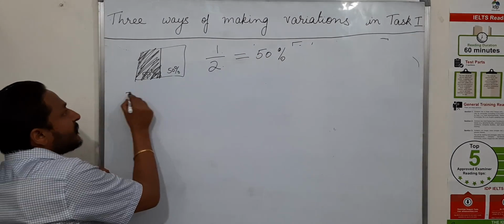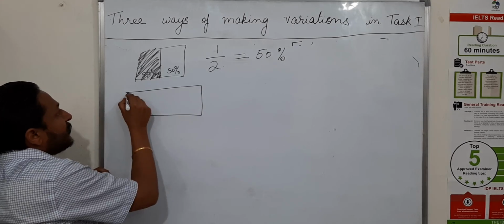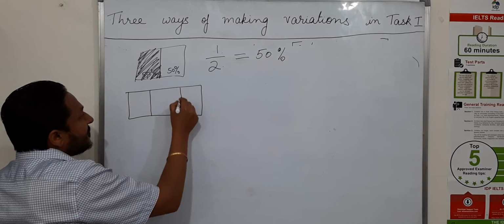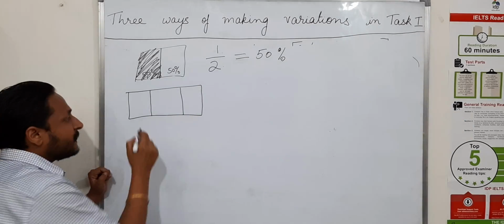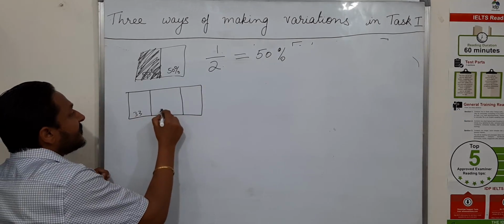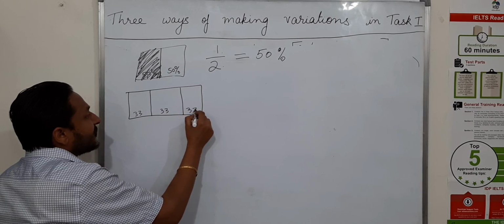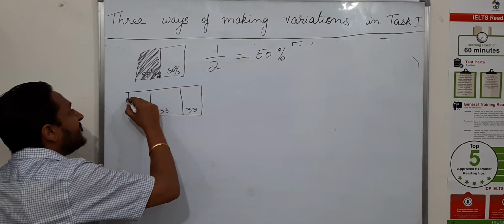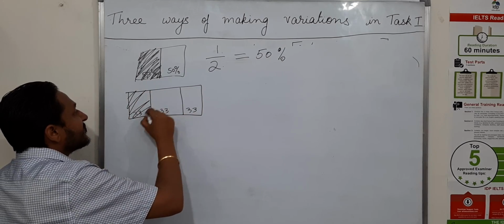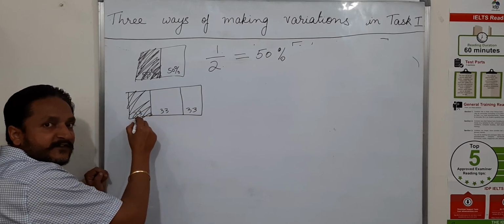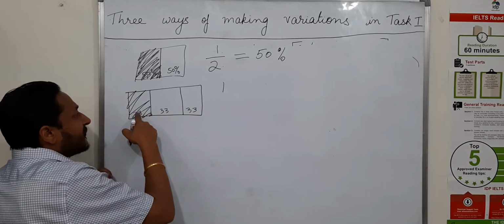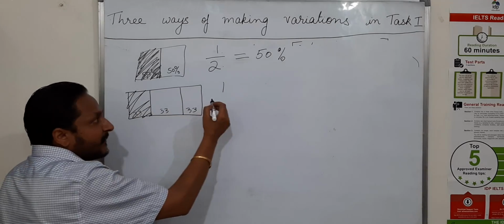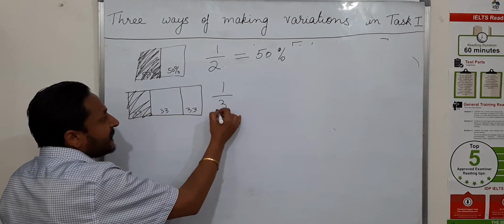Now, instead of 2 parts, I have divided it into 3 equal parts. So 33%, 33%, 33%. And now I have to see how much this is. This is 33%. In the numerator, we'll write 1, and the total number of parts are 3. In the denominator, we'll write 3.